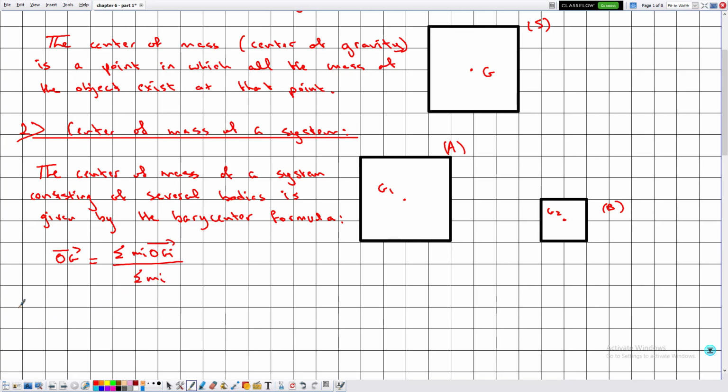Now let me introduce each quantity. So this is said to be the barycenter formula.